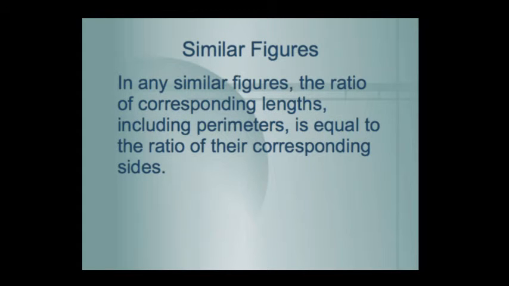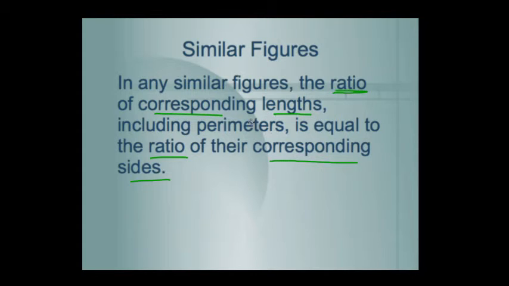Now here we have another definition. In any similar figures, the ratio of the corresponding lengths, including perimeter, so any corresponding length, is equal to the ratio of their corresponding sides.